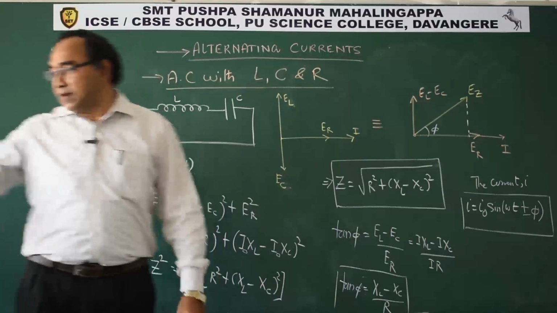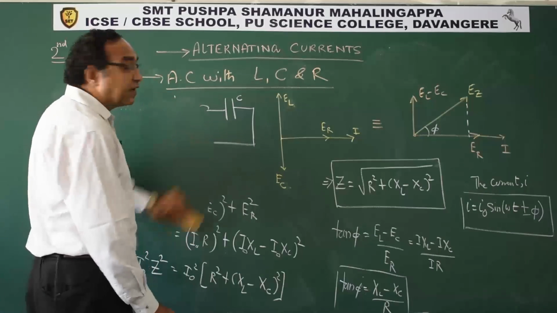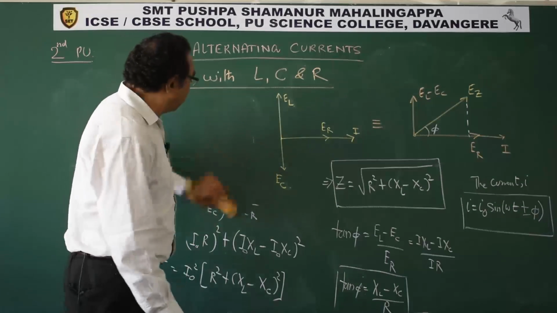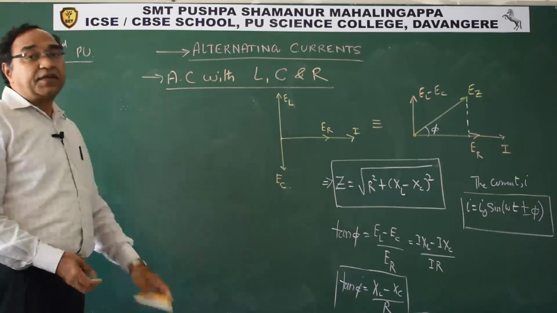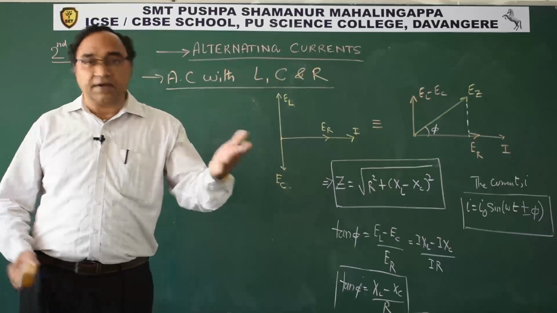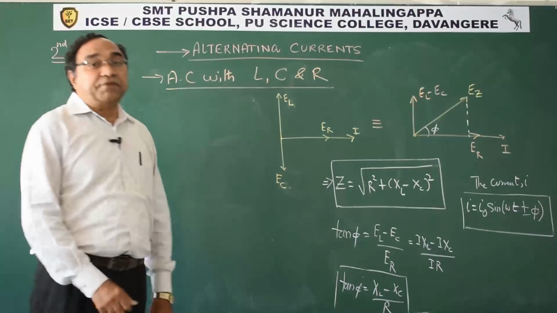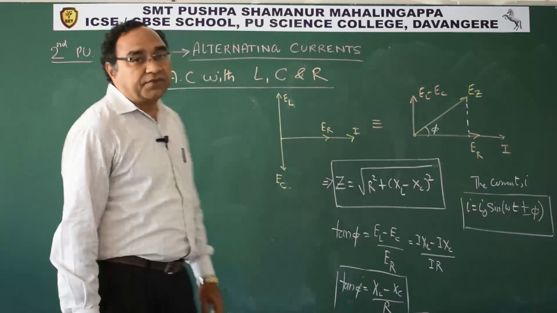So how to find out that? In order to identify the expression for the current, whether it is plus phi or minus phi, and eventually conclude whether it is a capacitive circuit or an inductive circuit, that identification happens by taking this equation into consideration.